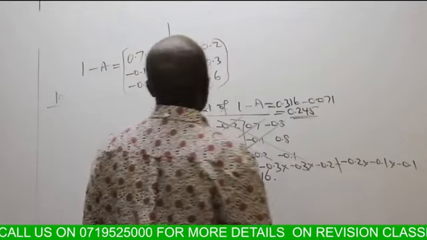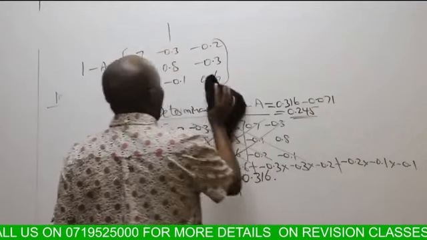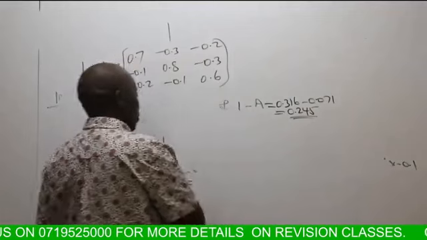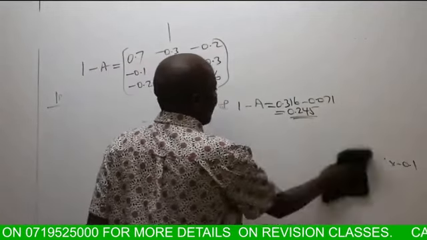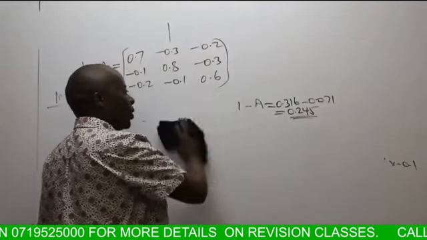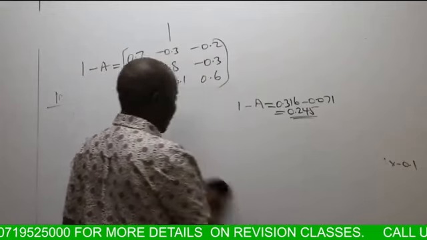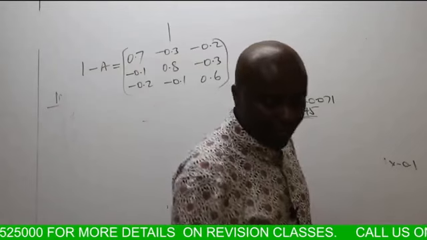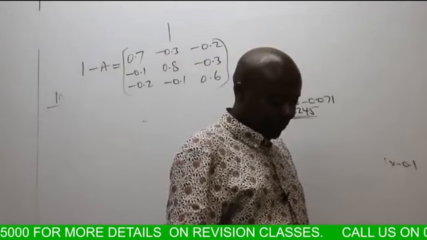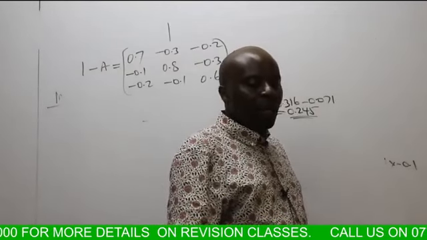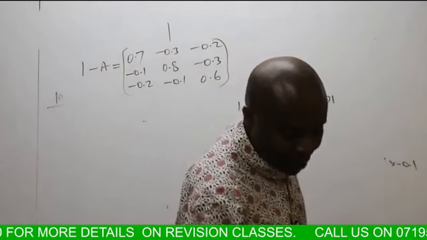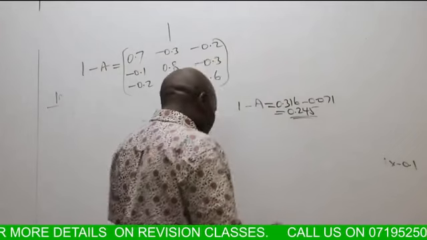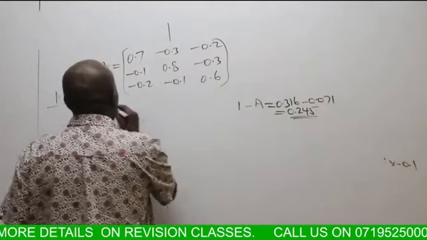After getting the determinant, what will be the second step, my friends? Could you kindly guide me? Our second step will be to get the minor elements. Is there anybody who can remember how we were computing minor elements?